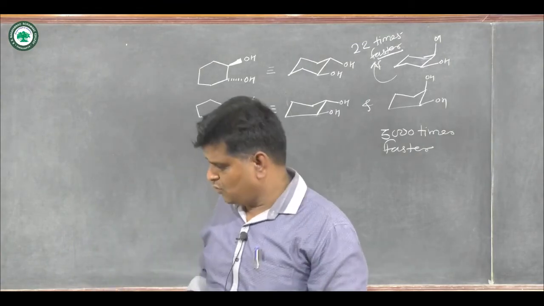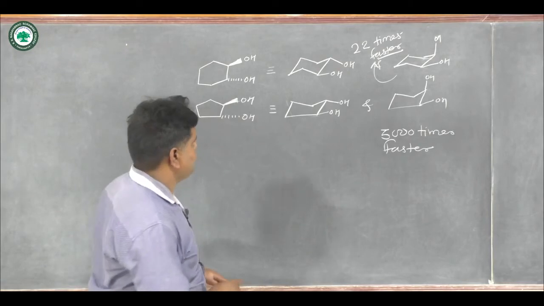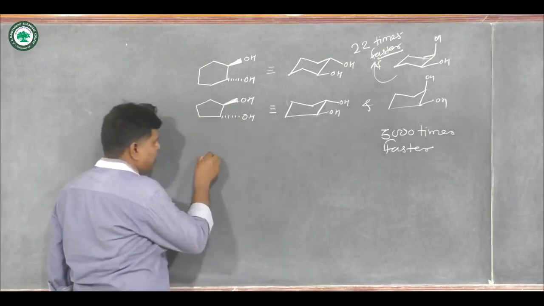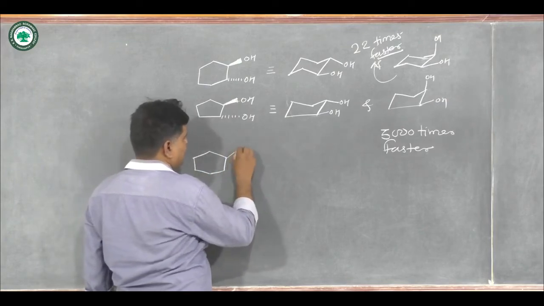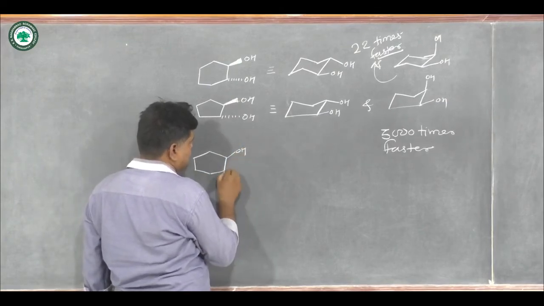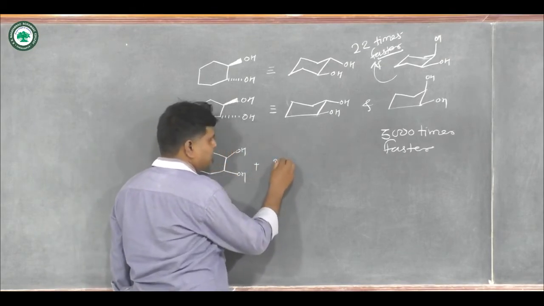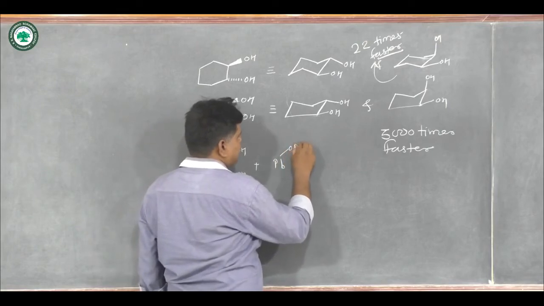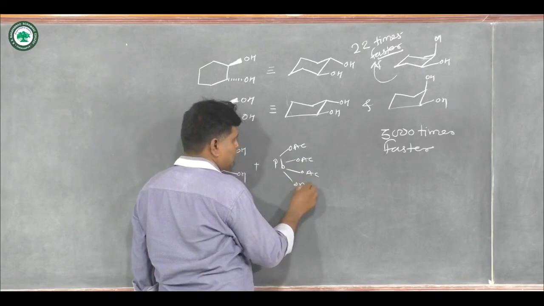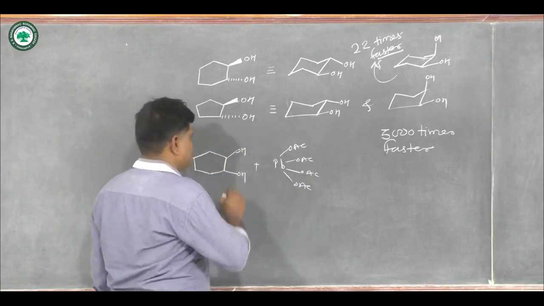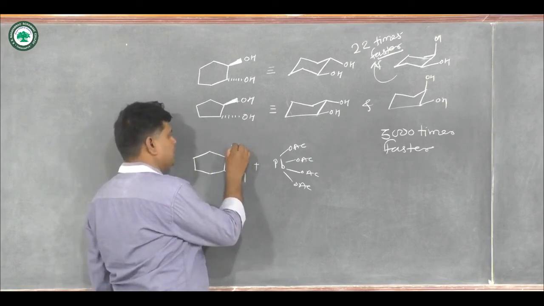Okay, so suppose we write its mechanism with lead tetraacetate. Here this cyclohexane with cis isomer, okay, plus lead tetraacetate, OAc, OAc, OAc, and this is also another OAc. Okay, now you write its mechanism.